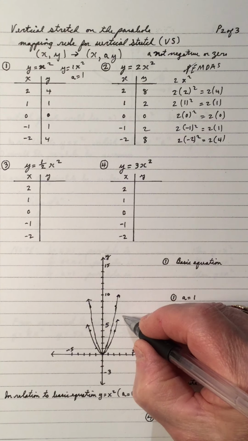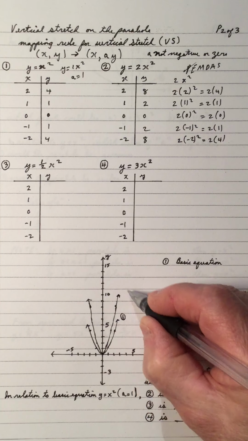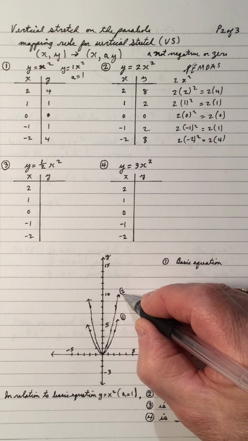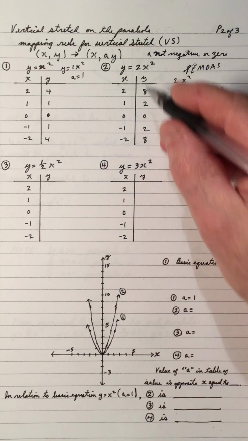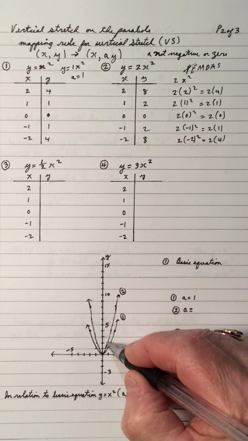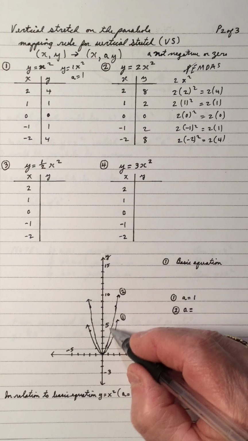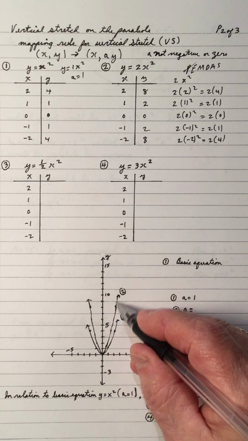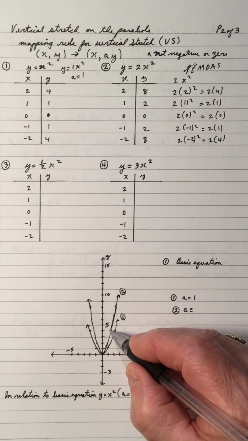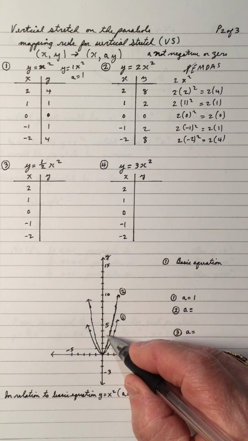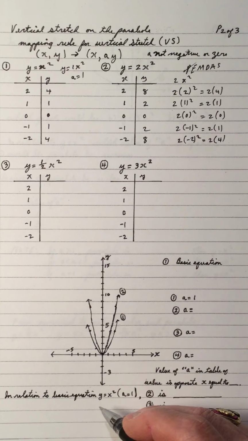So this is the basic one, number 1, and now this is number 2. I numbered them so you can see. Notice that you have 2 times the y value, so the y value is twice as high, but the parabola is narrow, it has gone closer to the y-axis. It's narrow. This one is wider.